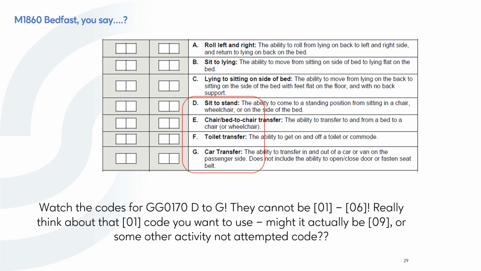They should probably be either an 09, we're not doing it now, we've never done it before, or some other activity not attempted code. Because remember, they're bedfast. They shouldn't be doing toilet transfers or car transfers or sit to stand for sure. So again, there's moving parts, and make sure when you're looking at your patient's scores, they make sense together.